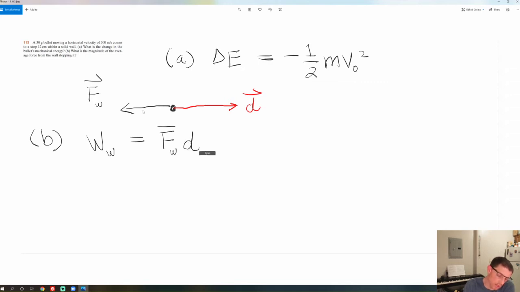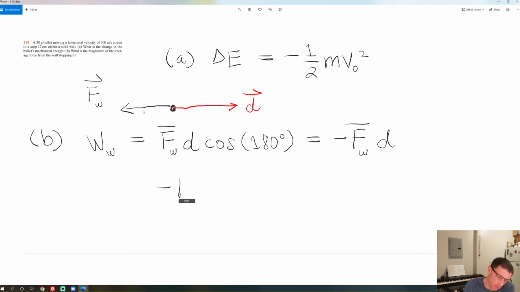And then we have to put in cosine of 180 degrees, which of course makes this work out to be negative F sub W d, right? And then it's just a matter of equating the work done by the wall, which is really the only thing doing work in this example, to the change in kinetic energy, right?